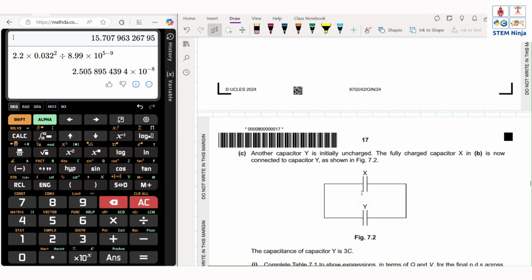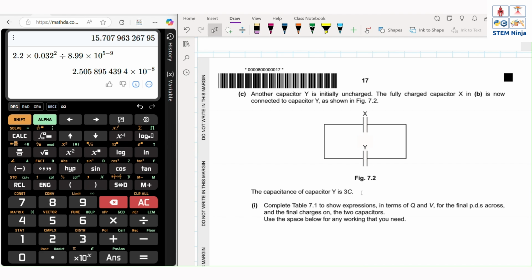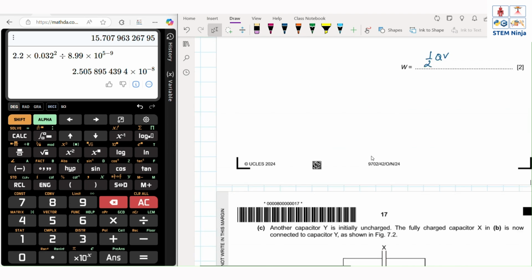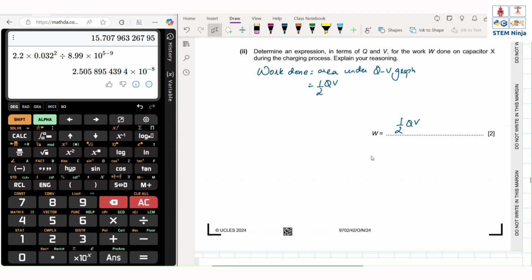Another capacitor Y is initially uncharged. The fully charged capacitor X is now connected to capacitor Y. The capacitance of capacitor Y is 3 times C, that means 3 times the capacitance of capacitor X.